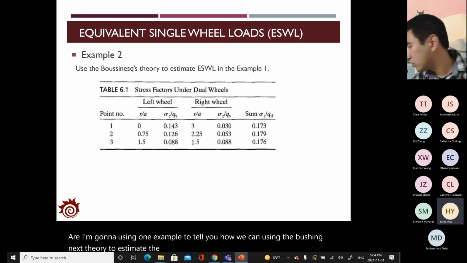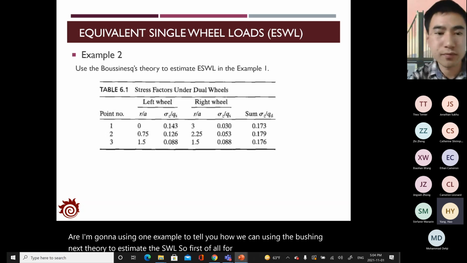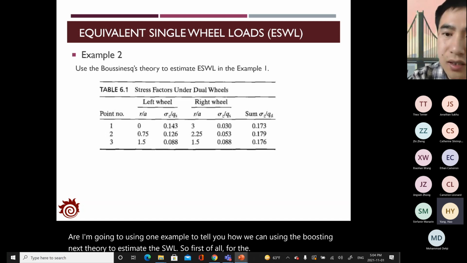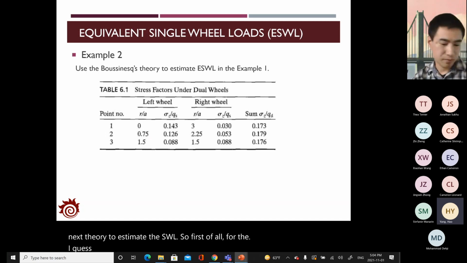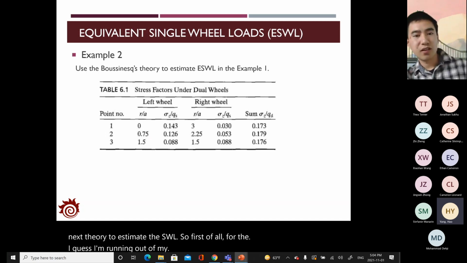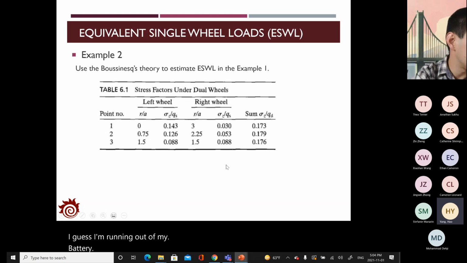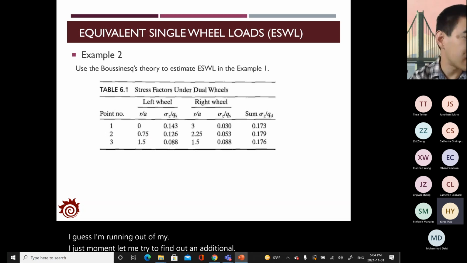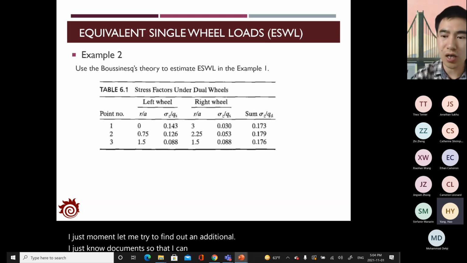So first of all, I guess I've run out of my battery. Just a moment. Let me try to find an additional document so that I can show you the answer.